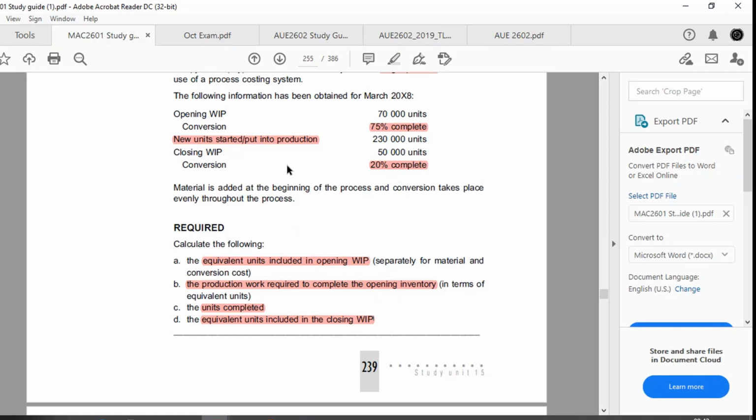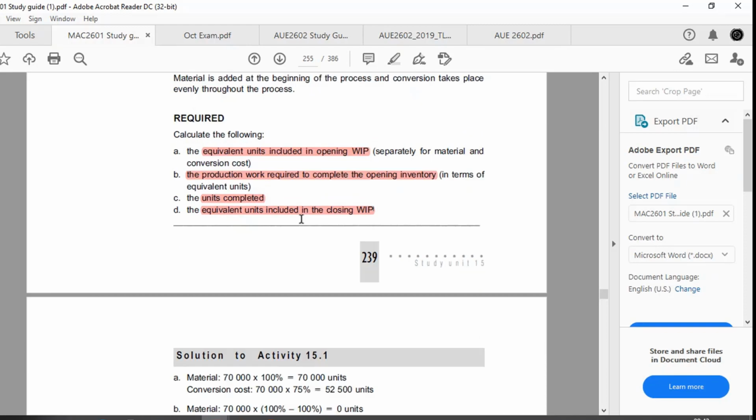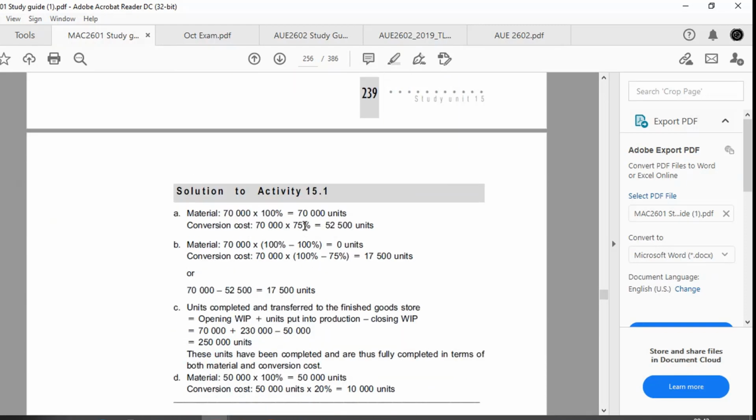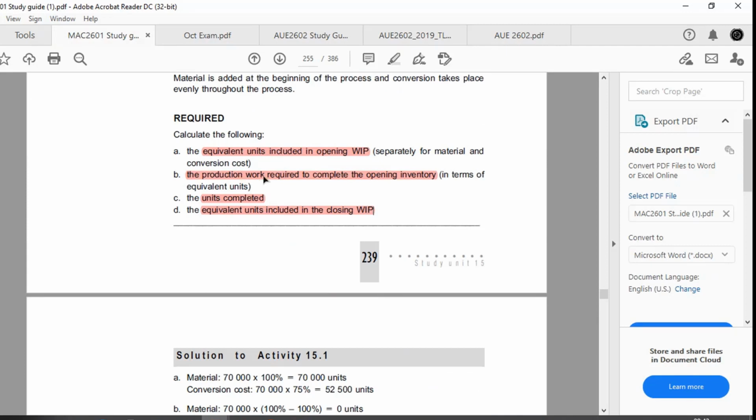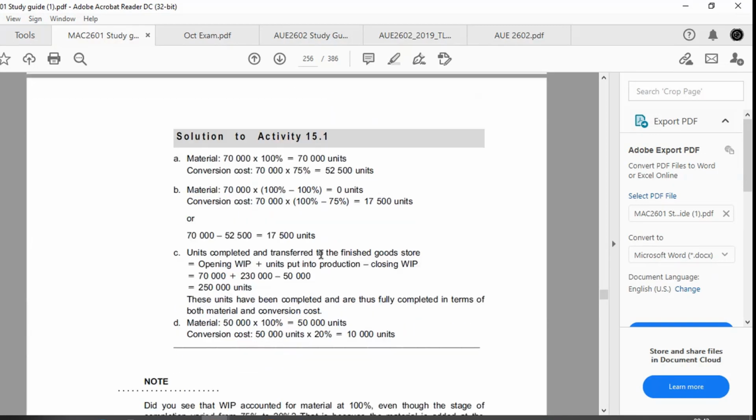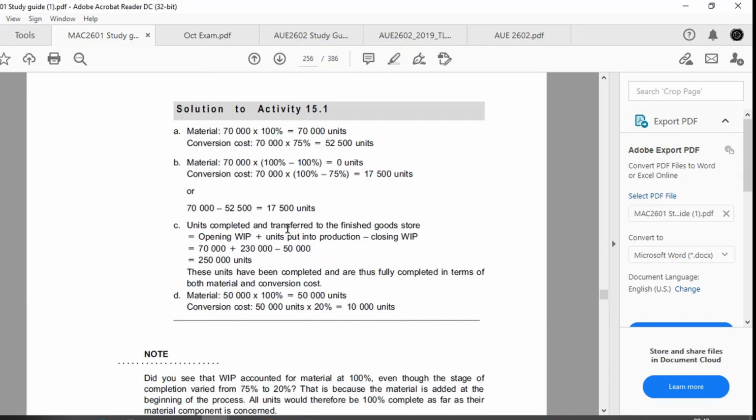And then I think it gives us 17,500 units that are still needed. Perfect. Thank you. The production work required to complete that is recognizing that 75% of it is completed, so 25% still needs to be done.